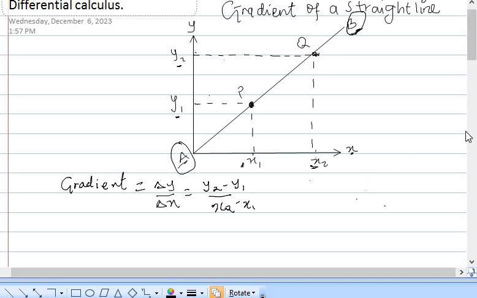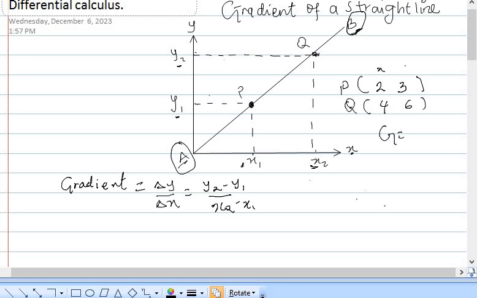So if 2 points are given, let's say point P is (2, 3) and point Q is (4, 6), and you were asked to find the gradient.